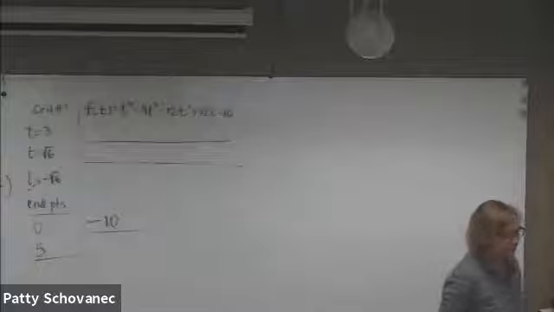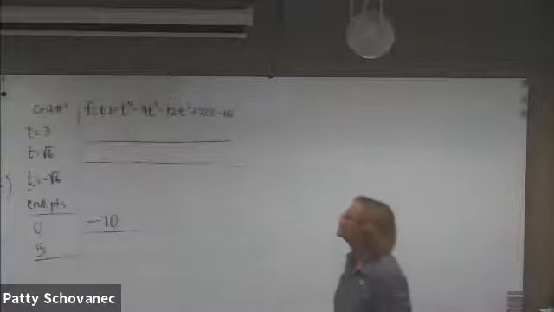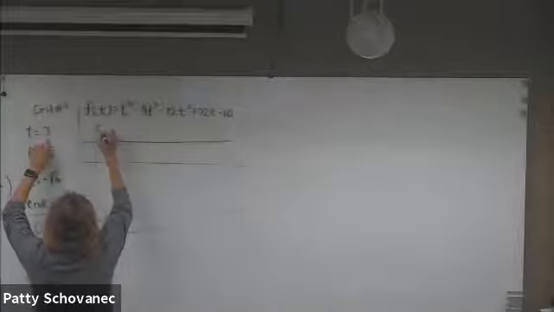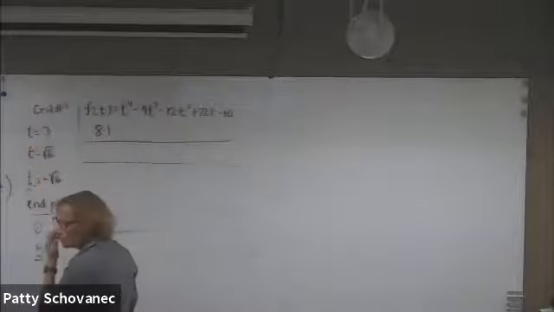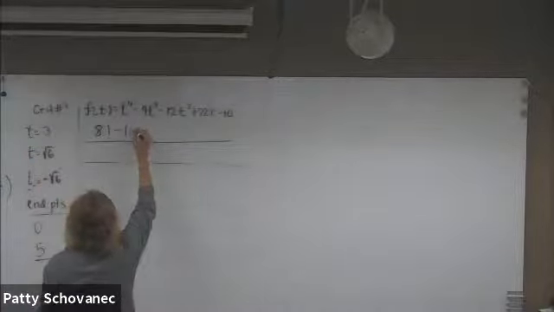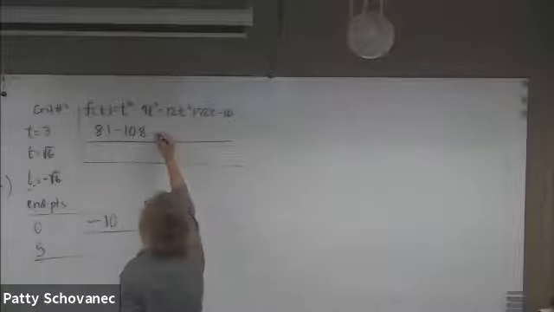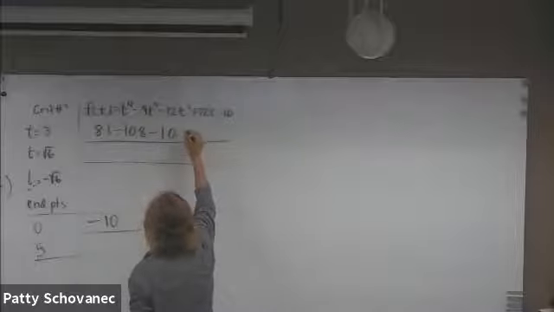There it is. I'm taking all my critical numbers and my endpoints and plugging them into that big thing. All right, so here goes 3. 3 to the 4th is 9 times 9, that's 81. 27 times 4 is 108. 9 times 12 is also 108.